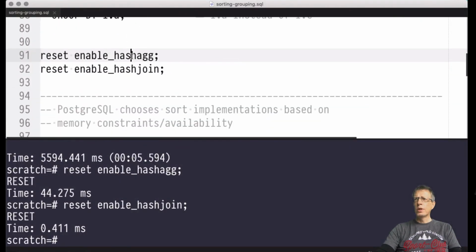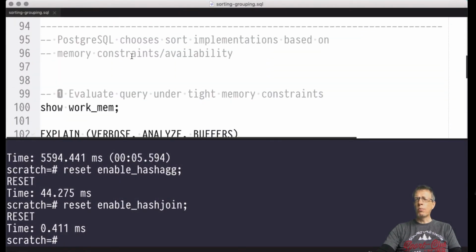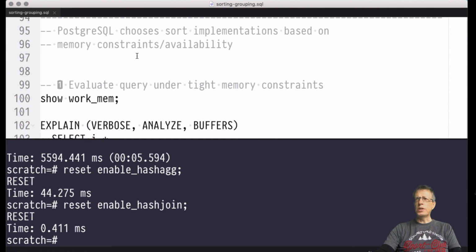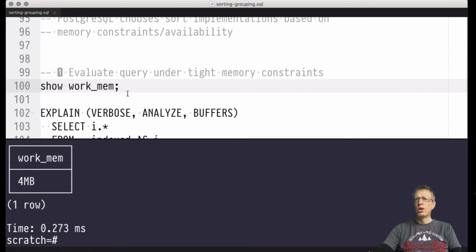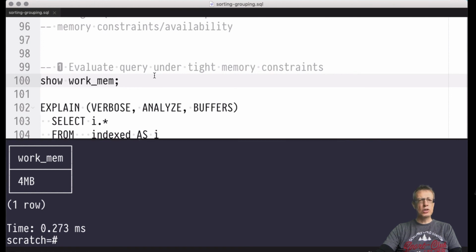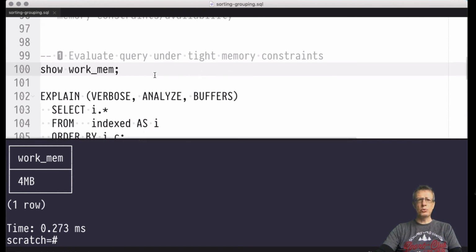There we go. And let's see how PostgreSQL chooses between the disk-based and the RAM resident variants of its internal sorting algorithms. So let's first look at the available working memory that is currently configured in our instance of PostgreSQL. I think it's the default of 4 megabytes. Okay, so 4 megabytes is really scarce if you are dealing with large relations.